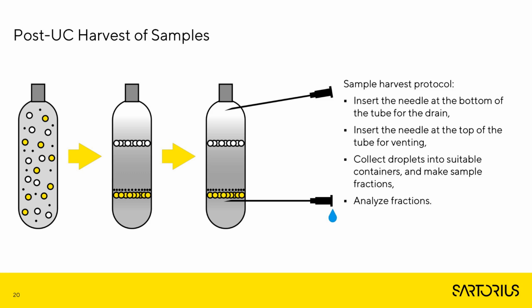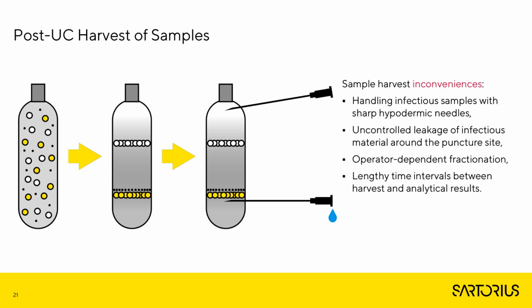This approach, however, has some inconveniences. For example, we handle infectious samples with sharp hypodermic needles. When we are puncturing the tube, uncontrolled leakage of infectious material around the puncture site appears.